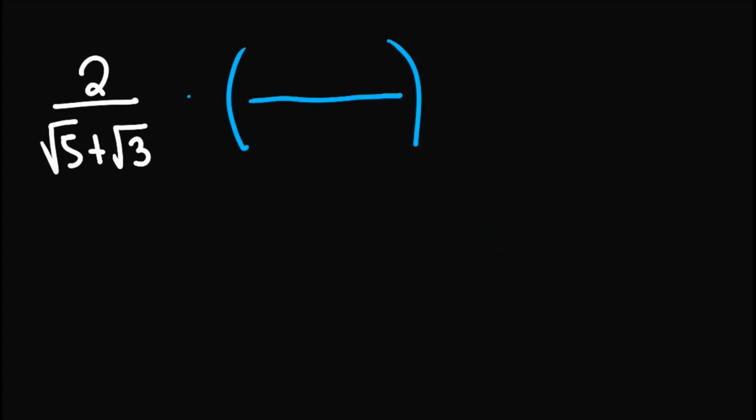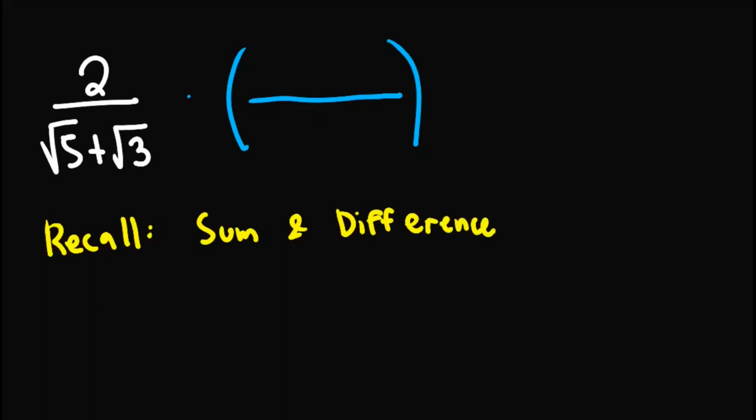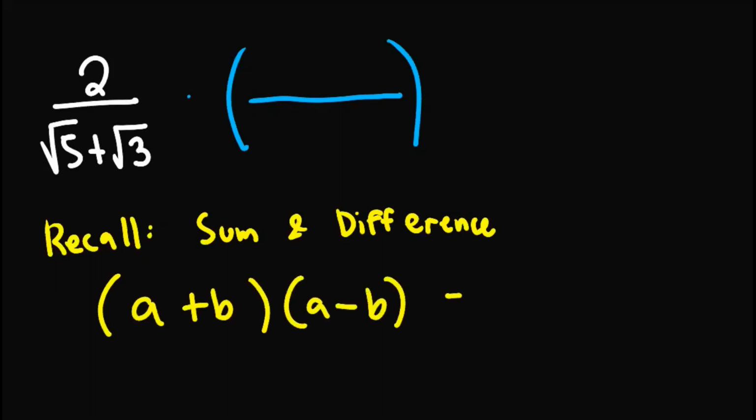Well, recall that in multiplying binomials, we have what we call the sum and difference. Or basically, when we have a plus b times a minus b, the outcome is a squared minus b squared.